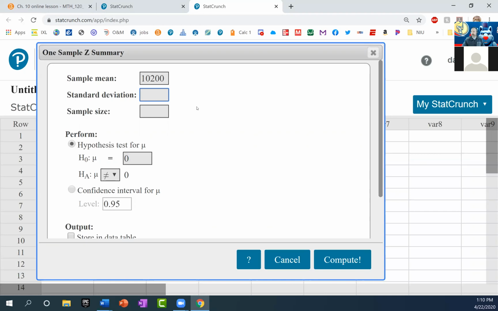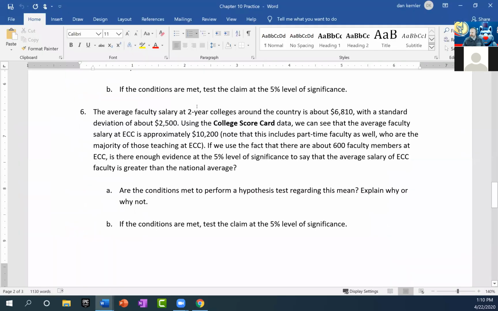They teach a couple of classes a semester with us. So that's why the sample mean is so low. I think less than a third of our faculty are full-time, actually much less. It's like 140 out of 500 or 600. Standard deviation, we're going to use 2,500, and then our sample size, I believe, was 600, wasn't it?